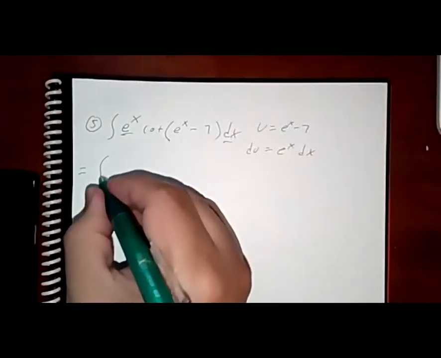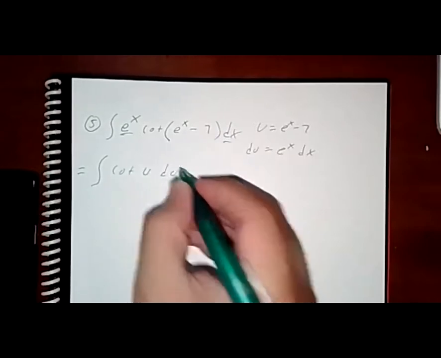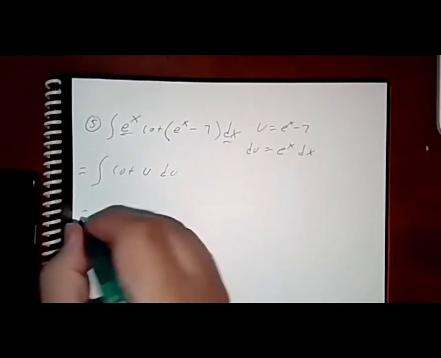So this will give me the integral of cotangent u du. What is the integral of cotangent? It's going to be one of the ln's.